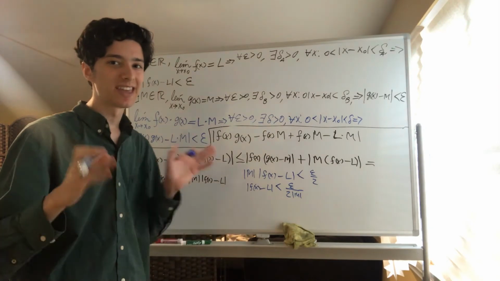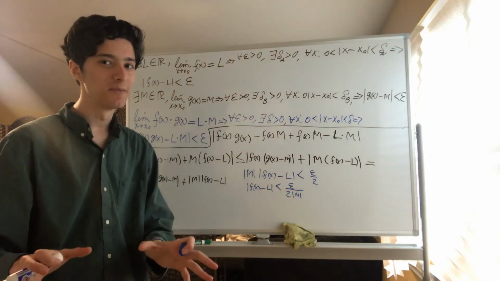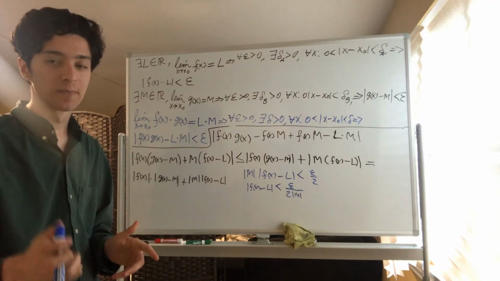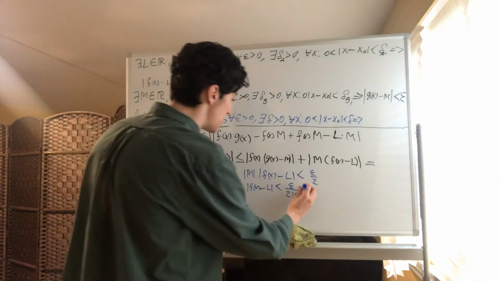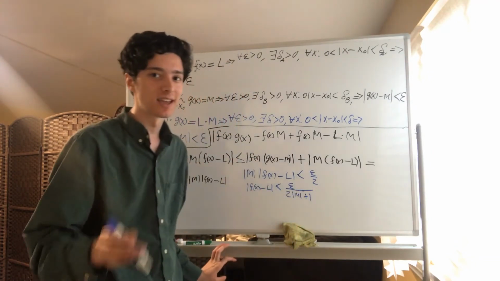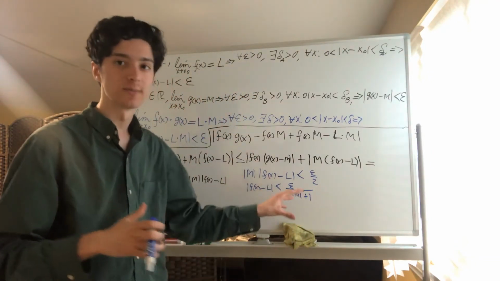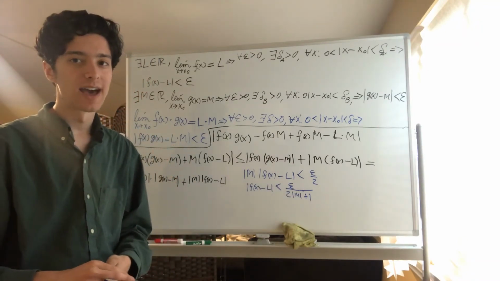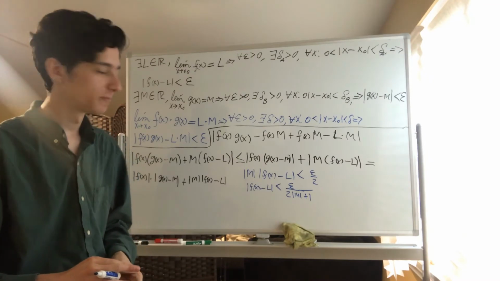However, in the case that the absolute value of m is equal to 0, then this doesn't work. But what we can do is just make our denominator larger, which in this case makes the term smaller. And because we're adding 1, we know that this is going to be greater than 1.